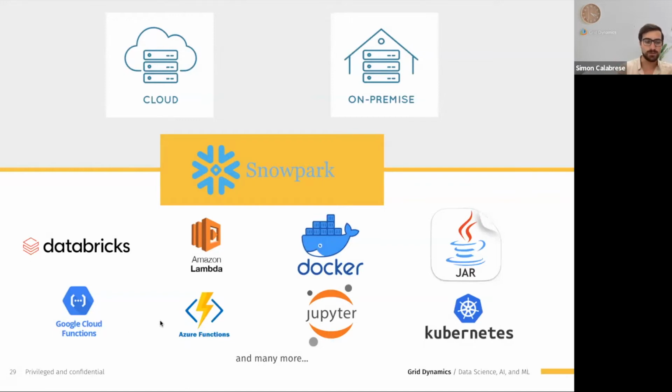It's fully compatible with Databricks notebooks, Amazon Lambda, Azure Function, Jupyter Notebooks, or a simple jar, for example, if you want to put it on your on-premise server. And being Dockerizable, it can be placed as a Docker image or on Kubernetes.